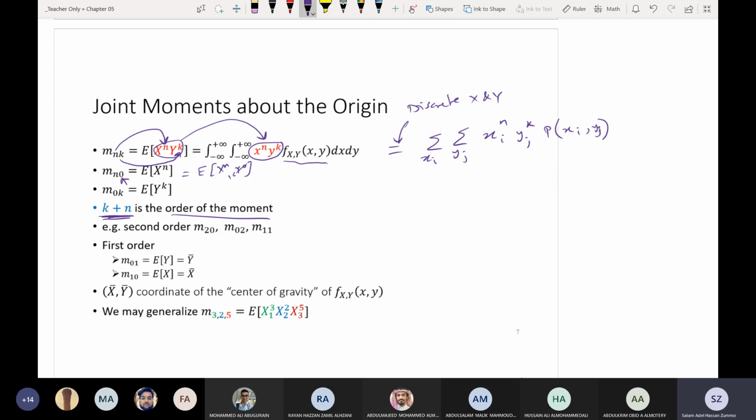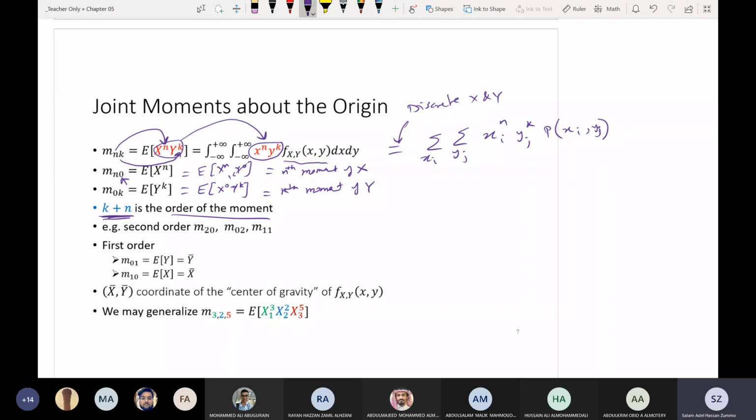While if we set n to 0 and leave k as it is, then this will be the expected value of x to the power 0, y to the power k. So the first one is the nth moment of x, while the second one is the kth moment of y.